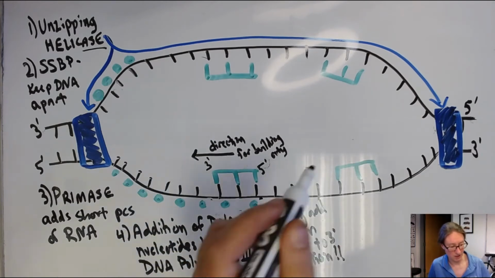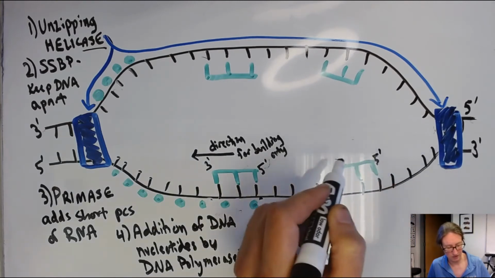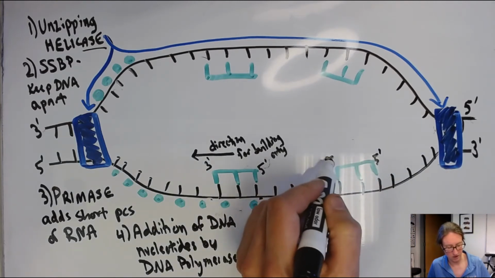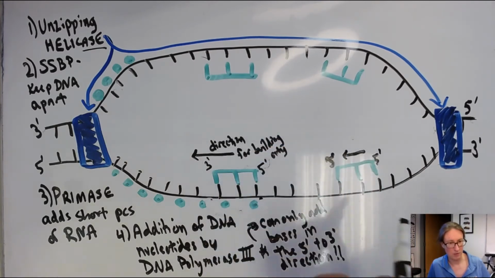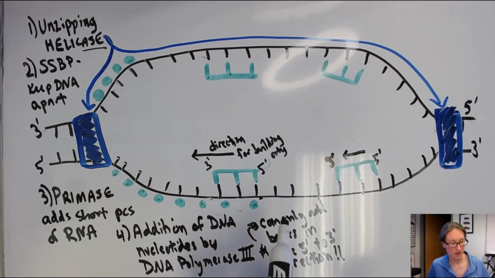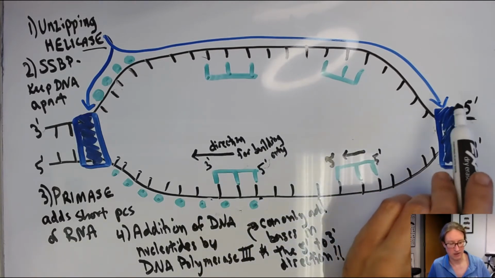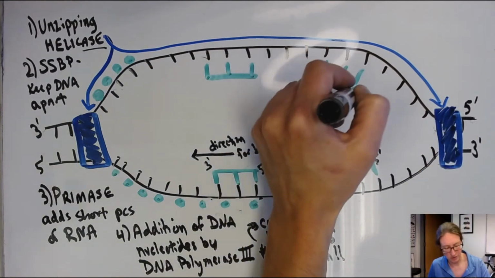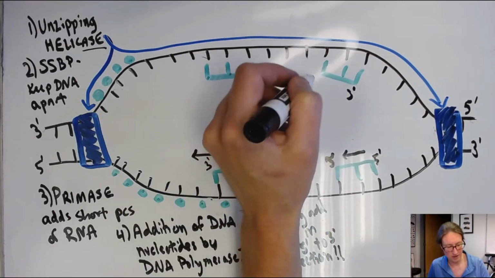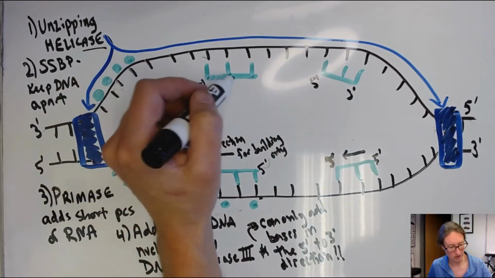And in the same fashion, this next piece here, if you notice, here's our free 3' end. So up top we've got 5', here's our 3', and so we can only build from the right towards the left. And then what we'll find is up top is going to be kind of the opposite thing, right? So here's our 5' end on the parent strand. So up here we've got a 3' end, and here's the 5' end. Same thing for this other primer.